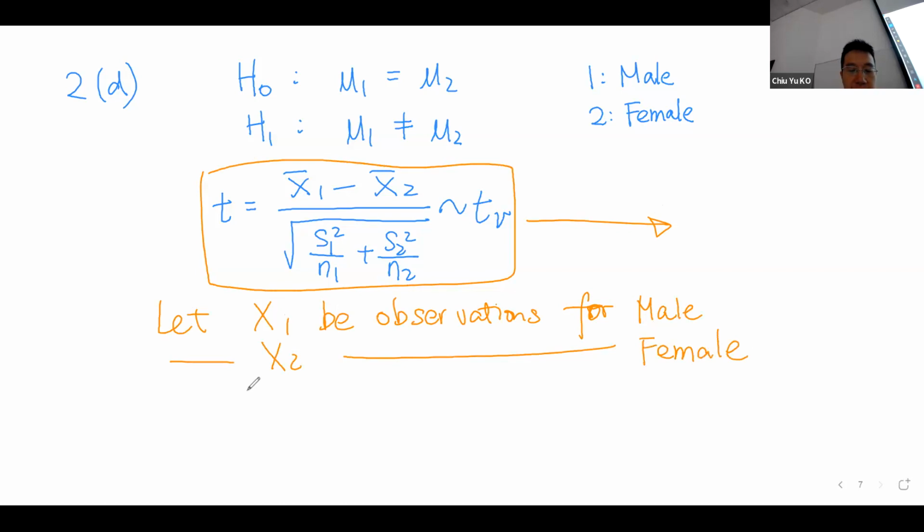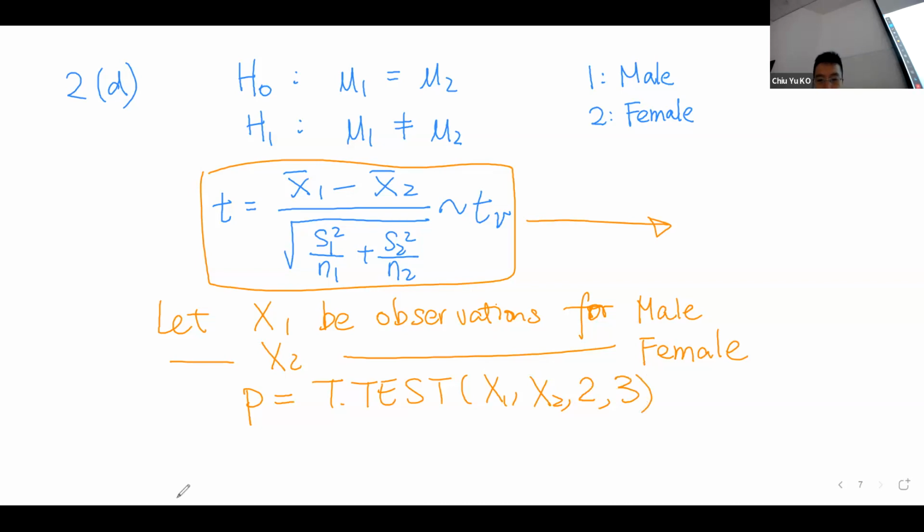My p-value is equal to t.test(x1, x2, 2, 3).